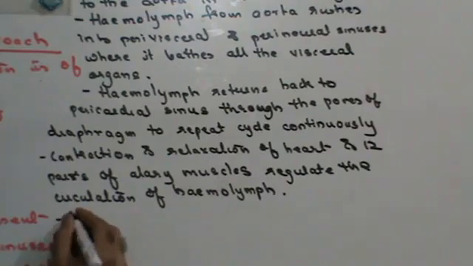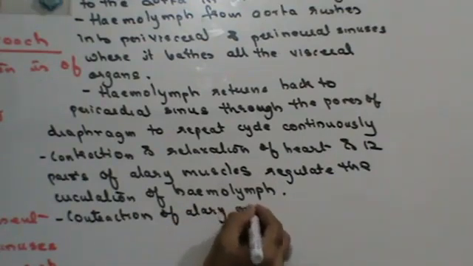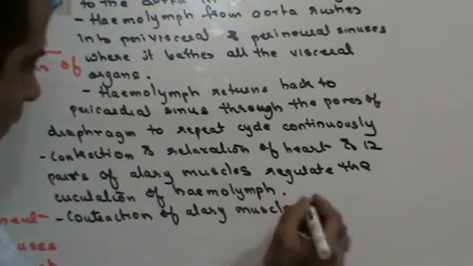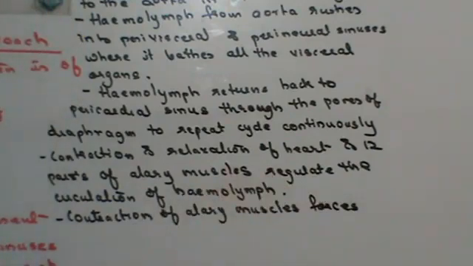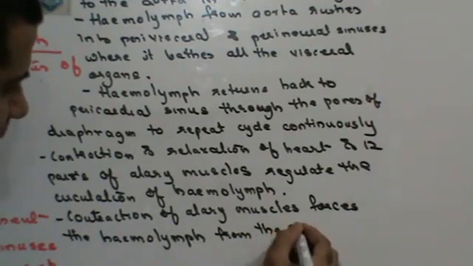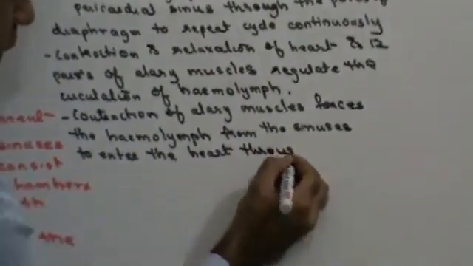Contraction of alary muscle forces hemolymph from the sinuses to enter the heart through ostia.